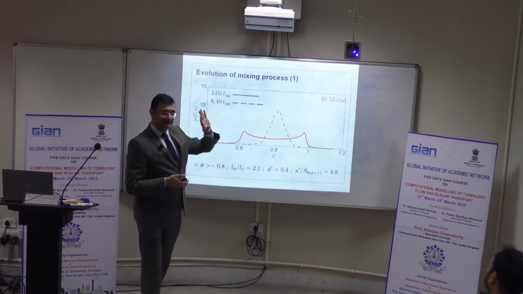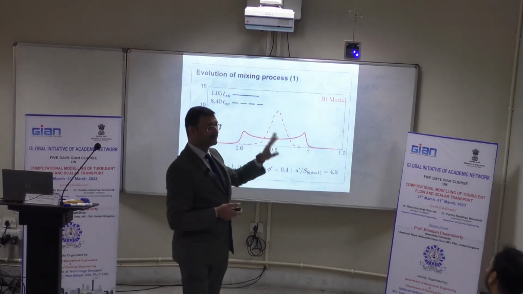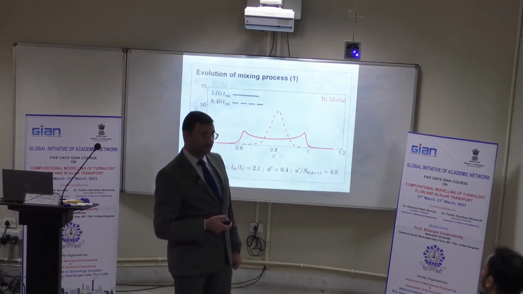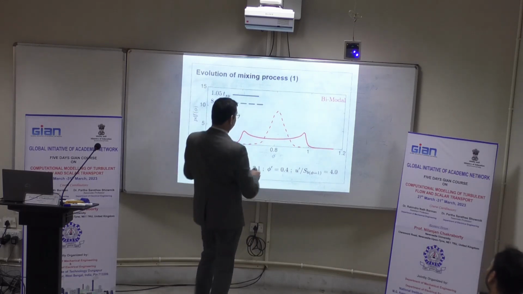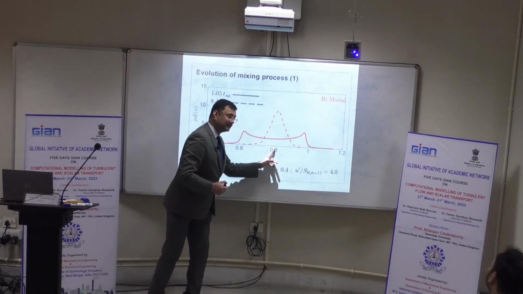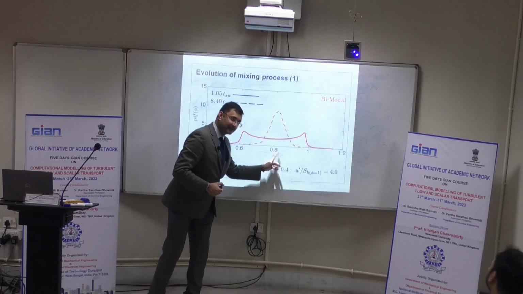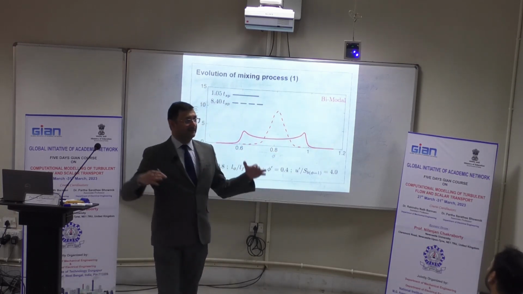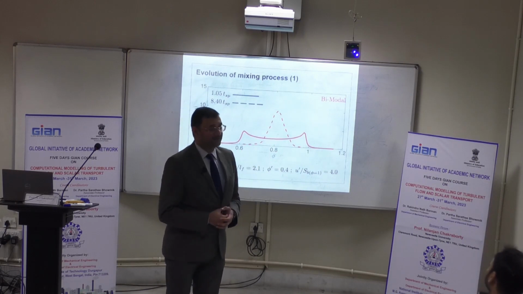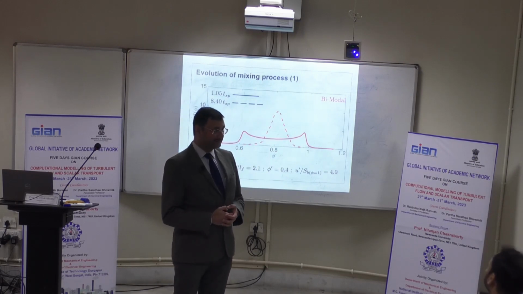Just consider what happens as time progresses. If you start with a bimodal distribution, with a mean value of around 0.8, then as time progresses, eventually it will give rise to a Gaussian distribution. Eventually.